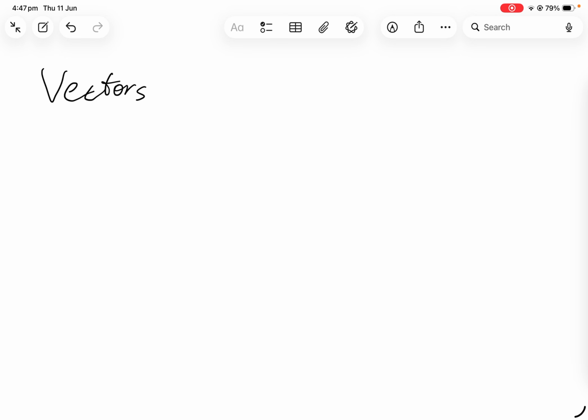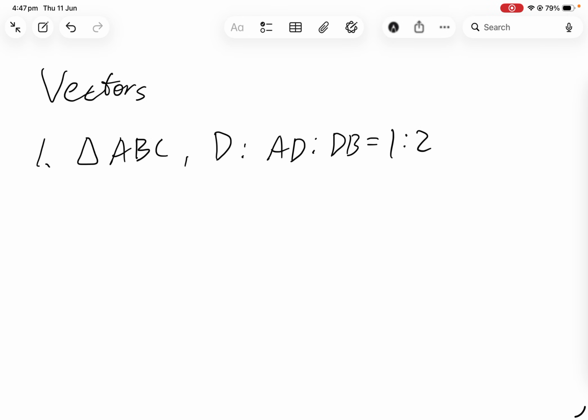Okay. So the question says in triangle ABC, D lies on side AB such that AD:DB equals 1 to 2.